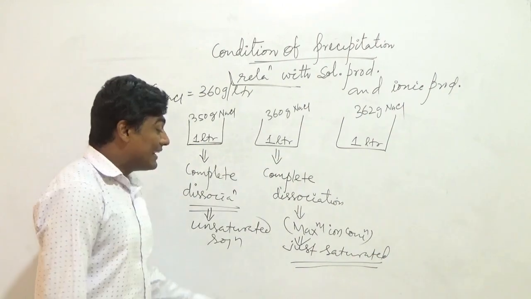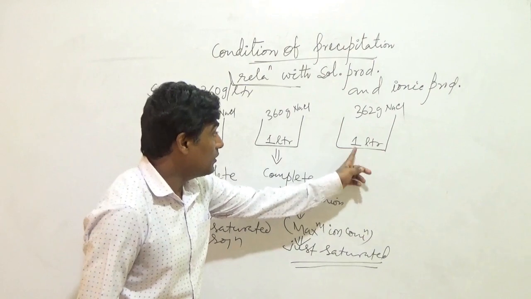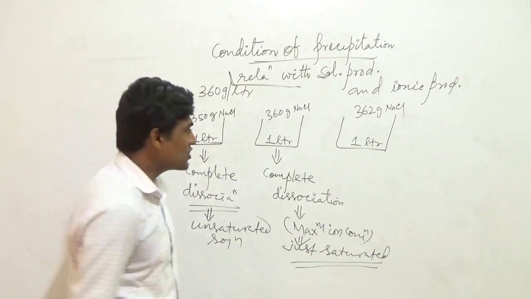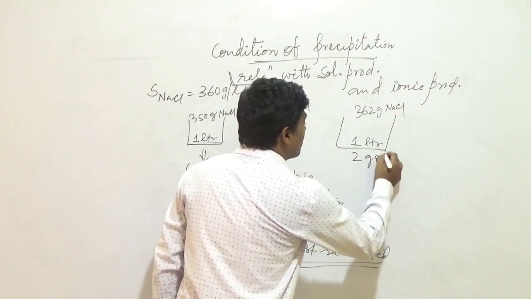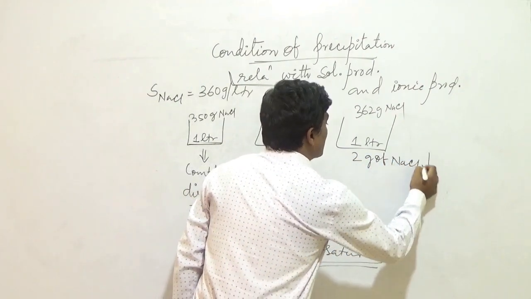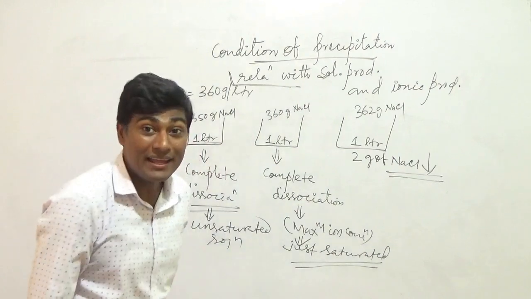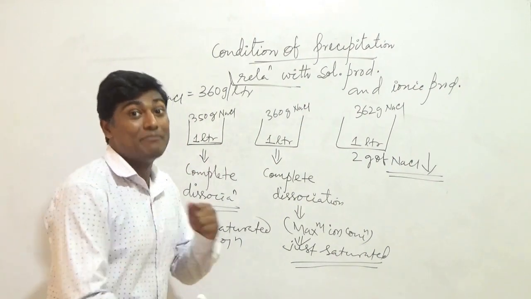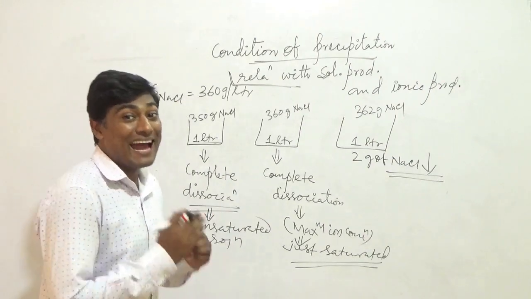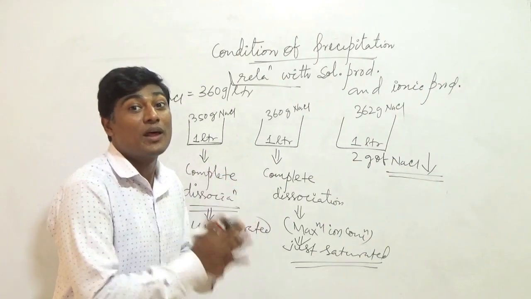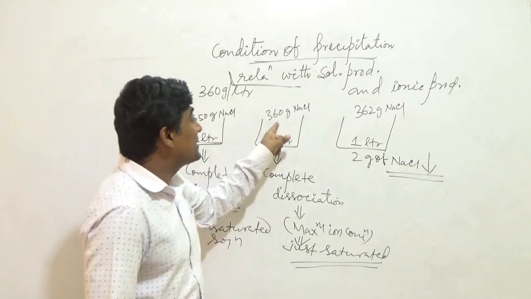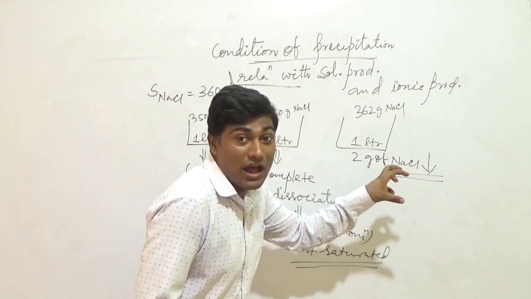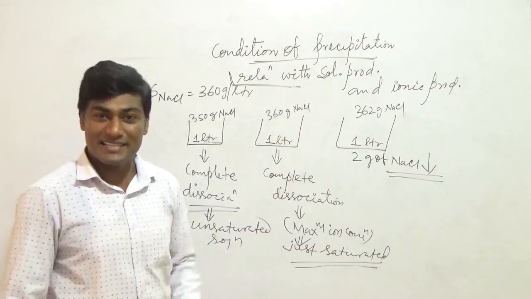Now, when you added more than 360 gram, what happens? 2 gram of NaCl gets precipitated. Why? Because the maximum ion concentration of Na plus and Cl minus that can be maintained at a particular temperature is due to only 360 gram. So the rest 2 gram of sodium chloride is precipitated.